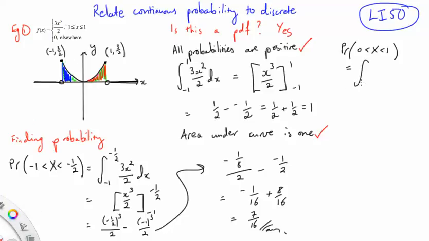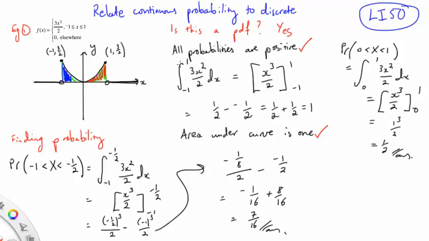So let's check that. We're going from 0 to 1, 3x squared on 2 dx, which is x cubed on 2, which is 1 cubed on 2, which is a half. There we are. So that's how we find probability.